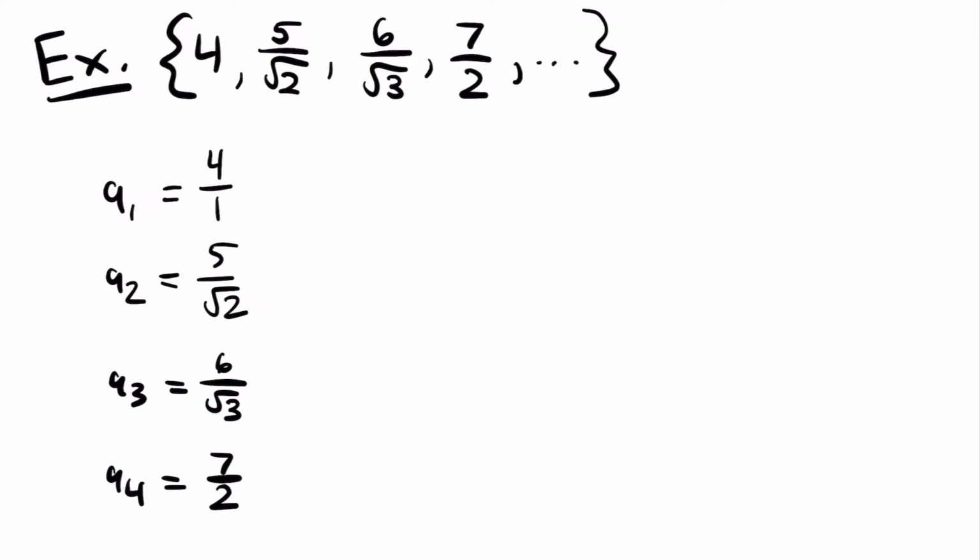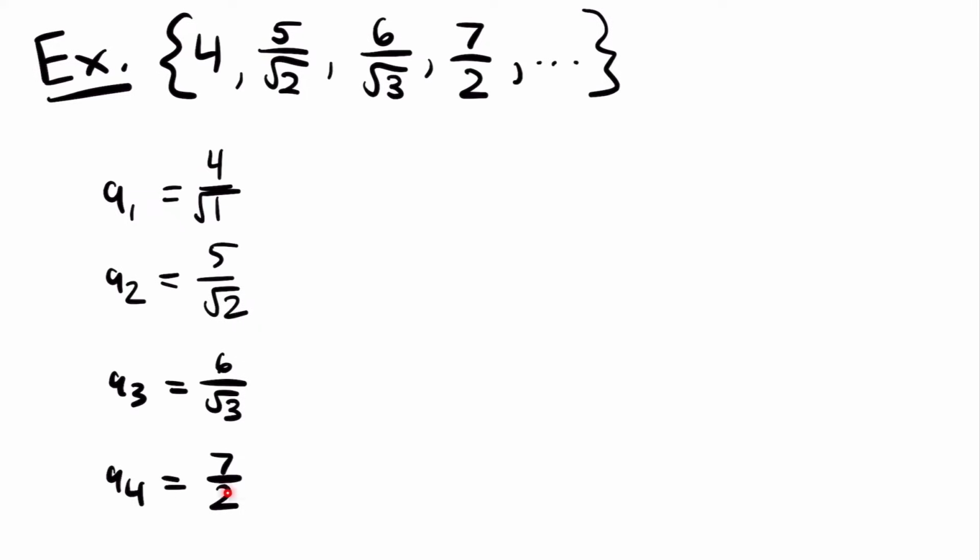And now that more closely matches how the rest of our terms look. But now notice that 2 of our terms also include a square root in the denominator. We have the square root of 2, then the square root of 3, but then our other terms have 1 and 2. But we can actually rewrite 1 to be the square root of 1, right? The square root of 1 is just 1. And so rewriting this to be the square root of 1 is totally legal because this is still equal to 4.